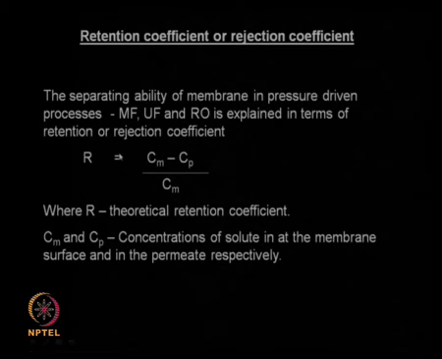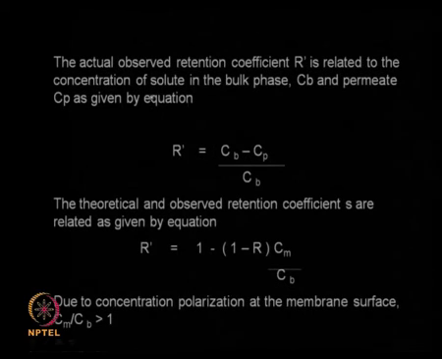So, obviously the rejection coefficient will always be less than 1, agreed, obvious. Please note R depends upon Cm. Cm is the concentration of the solute at the membrane surface, but it is not the concentration in the bulk of the upstream.